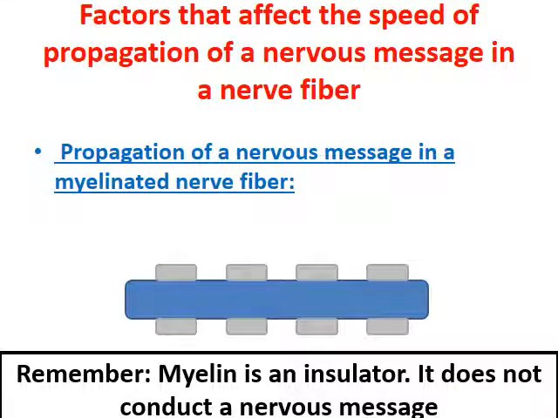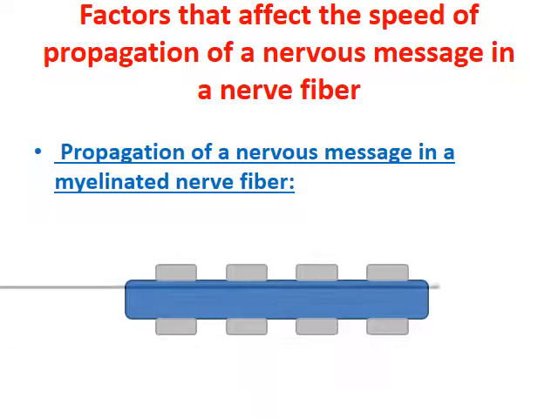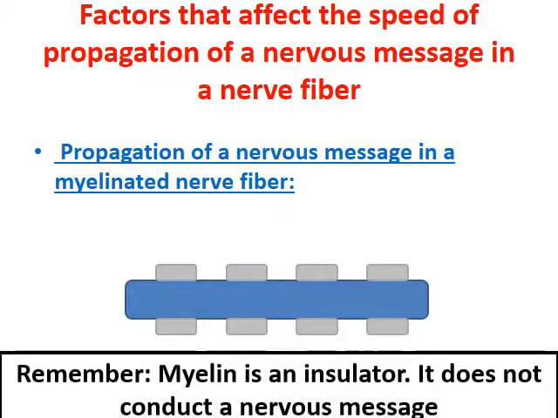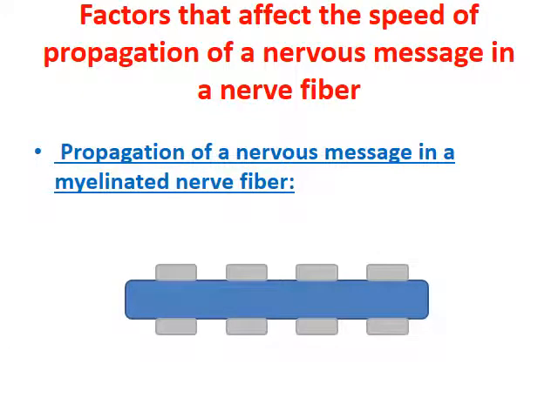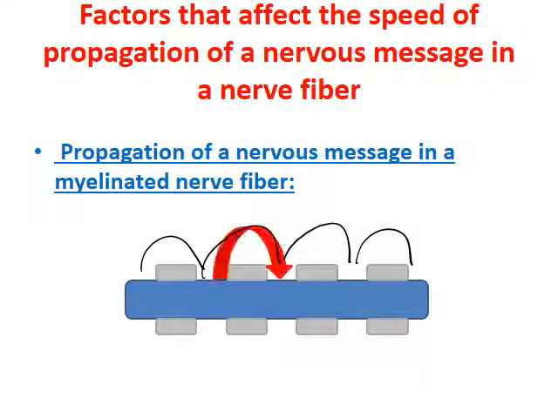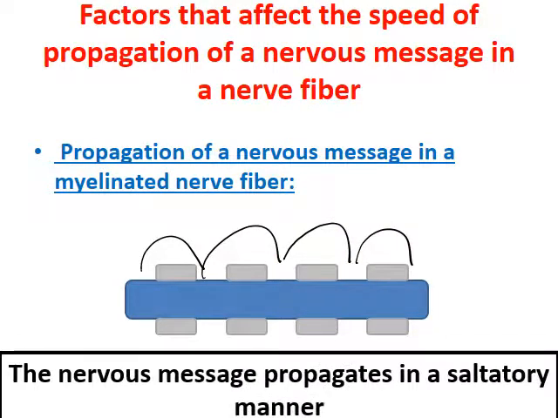Myelin is an insulator. It doesn't conduct a nervous message, so you have to jump over it. If you see here, it's jumping: 1, 2, 3, 4. The propagation of the message is this way. This is called a saltatory movement or saltatory manner.